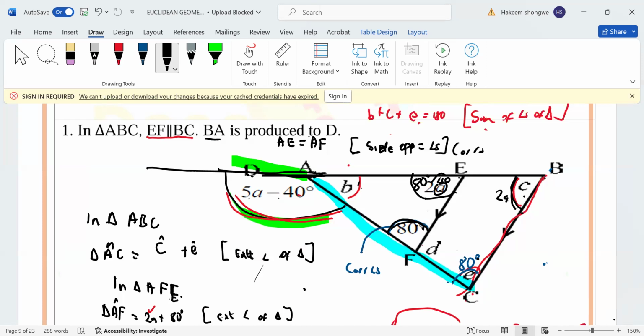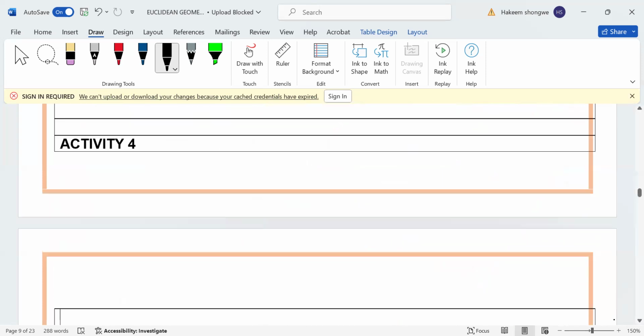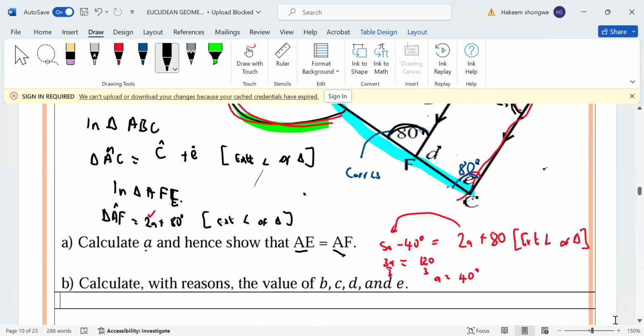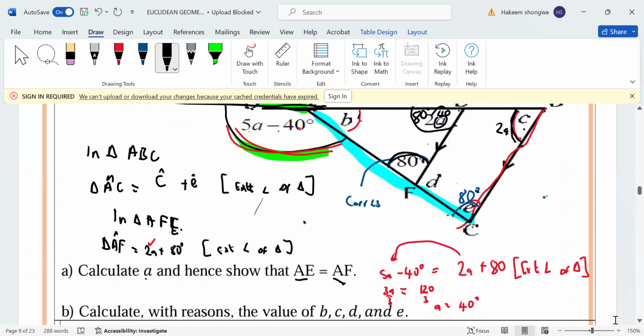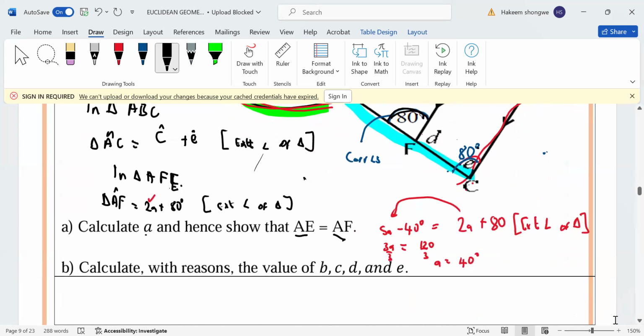80 plus 80 plus B is going to give us 180. But when you're doing this, tell them which triangle you are talking about. Which angle is giving you the 180? Because there are 2 triangles there. It's triangle AEF. So you say in triangle AEF, you are going to have 80 plus 80 plus B equals 180 degrees, sum of angles in a triangle.